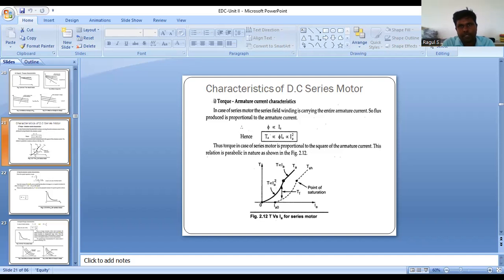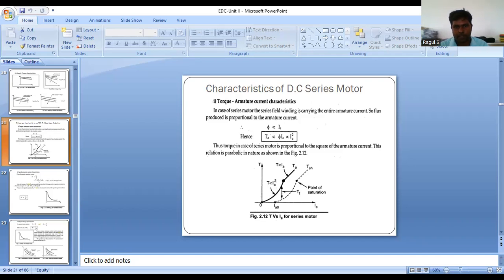The series field winding carries the entire armature current in a DC series motor, so the flux produced is directly proportional to armature current. So torque is also proportional to the square of the armature current, because armature and field are connected in series. So the relationship looks like a parabolic curve.